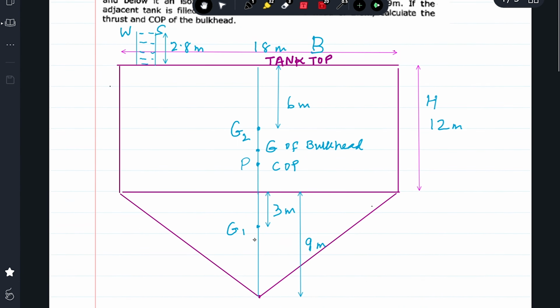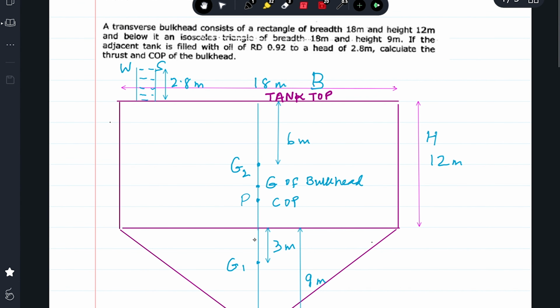The centroid of the triangle we found is 3 meters from the base of the triangle. Then we have 12 meters of rectangle above it, and then another 2.8 meters up to the water surface. So 2.8 plus 12 plus 3. This is the depth of the centroid of the triangular portion below the water surface.